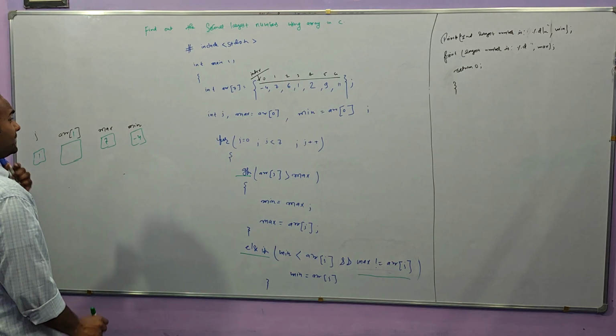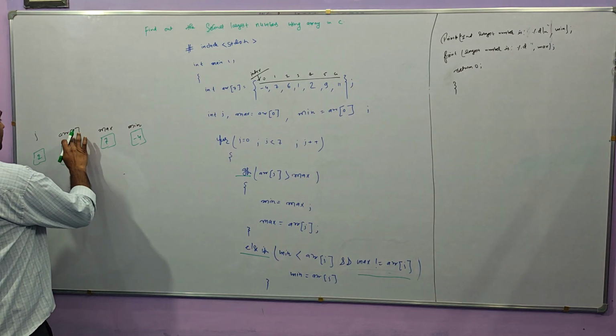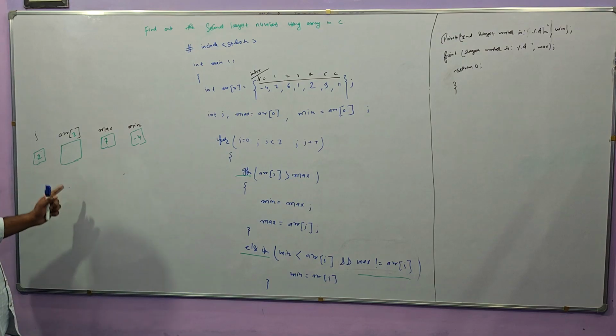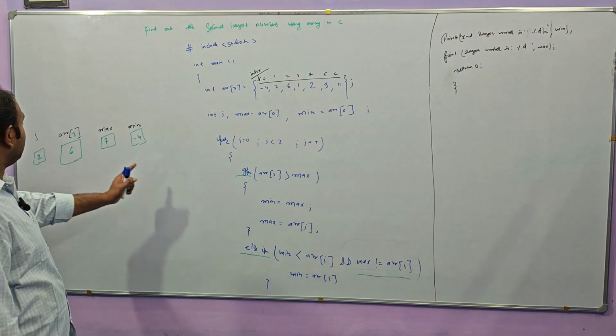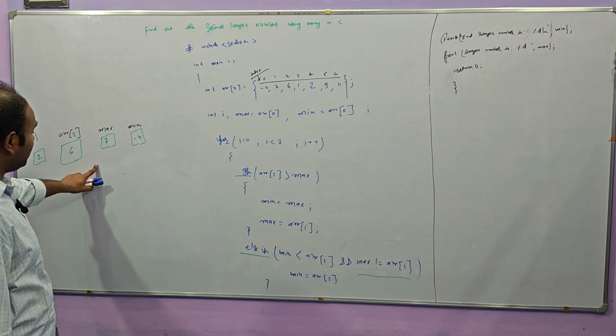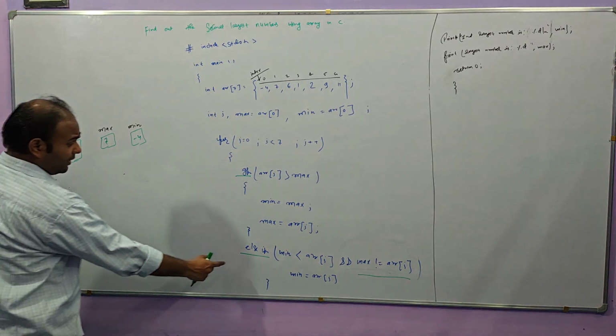Now when we increase i, ar[2] becomes 6. 6 is greater than 7? No. We now come to the else condition.